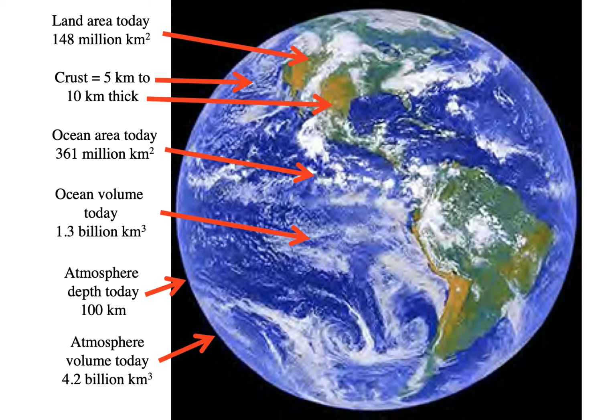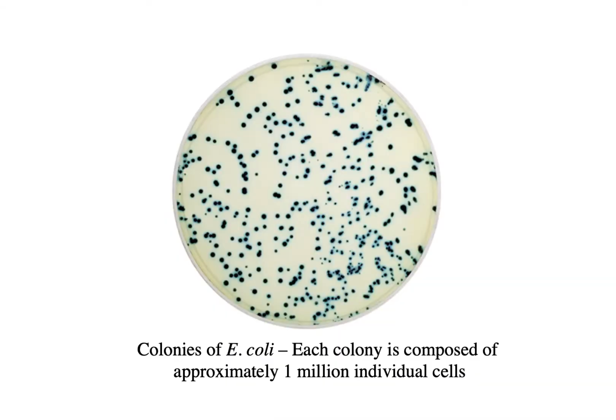So if you consider the size of an organism, there are many, many opportunities to expand into new territories. For example, here's a plate of E. coli colonies, and in each one of those dots, those colonies, there are approximately 1 million individual cells.